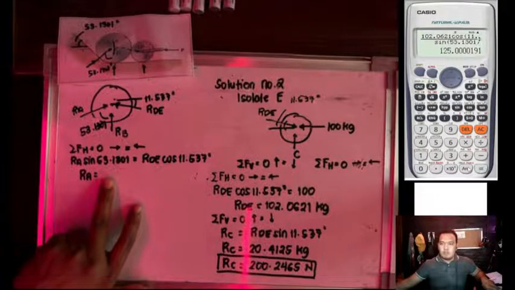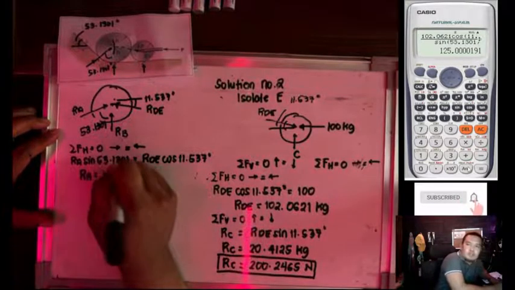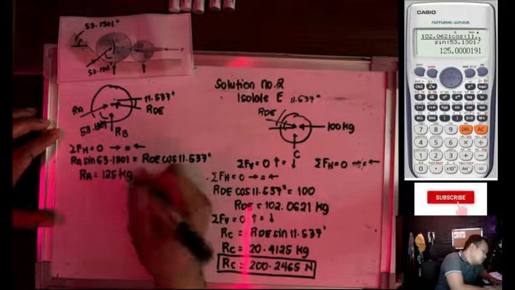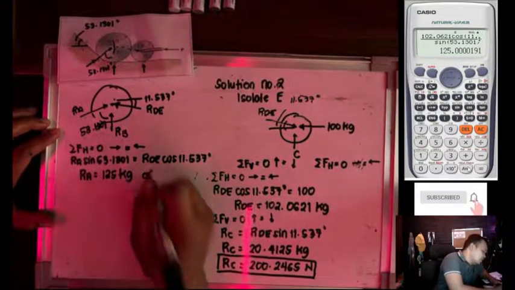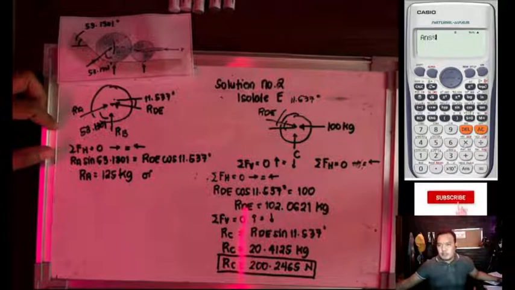So we have here 125 kilograms, or multiplied by 9.81, answer times 9.81.